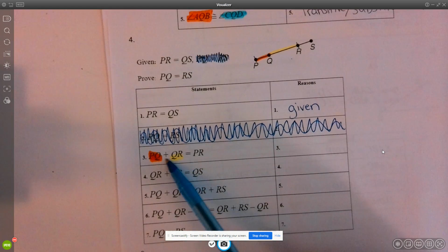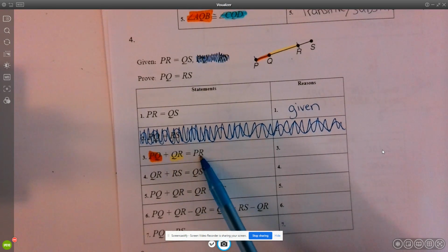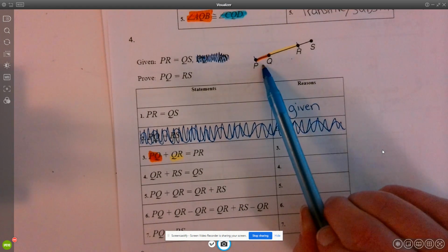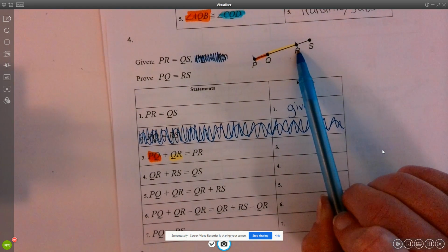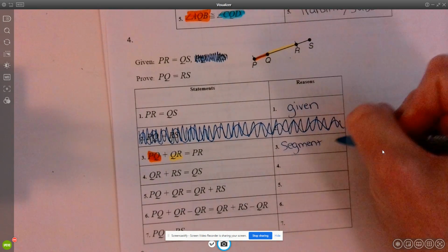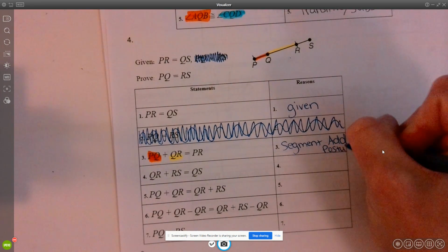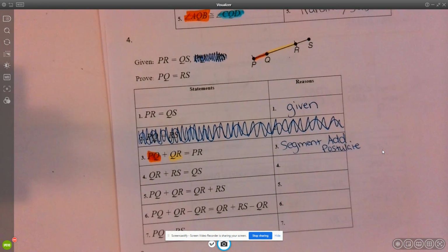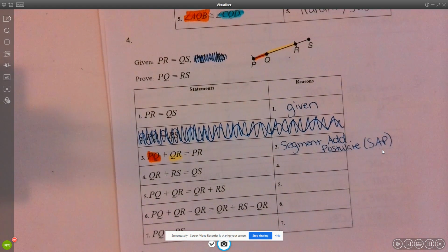So we've got an addition property right here. Two parts equal the whole. Well, what are we adding together? We're adding 2 little line segments to equal the whole line segment. That's the segment addition property or postulate. Remember, you can also abbreviate that SAP if you want.